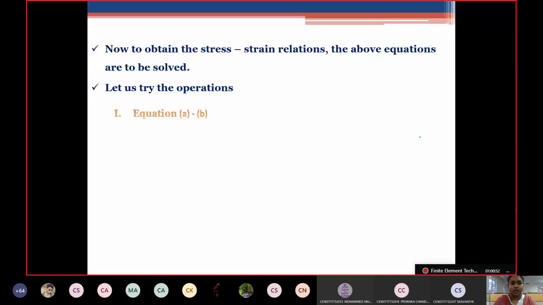All right. First operation, equation A minus equation B. That's the operation. You do it and you have to tell me the final value that you get. Start solving. We have equations A to F in the previous case.